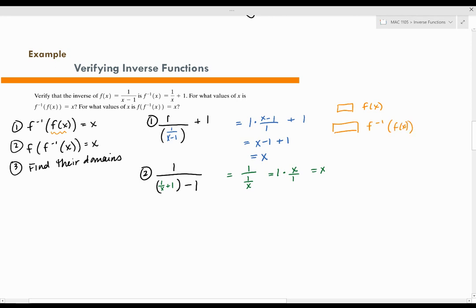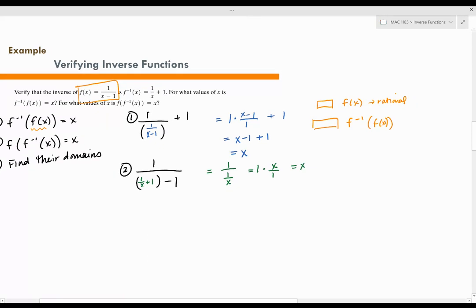So we need to look at f of x. F of x is a rational function. It looks like a fraction. So that means you can plug in anything you want into that function as long as the denominator does not equal 0. The denominator there is x minus 1. If we set that equal to 0 and add 1, x equals 1. So we can plug in anything we want into that function as long as x doesn't equal 1.